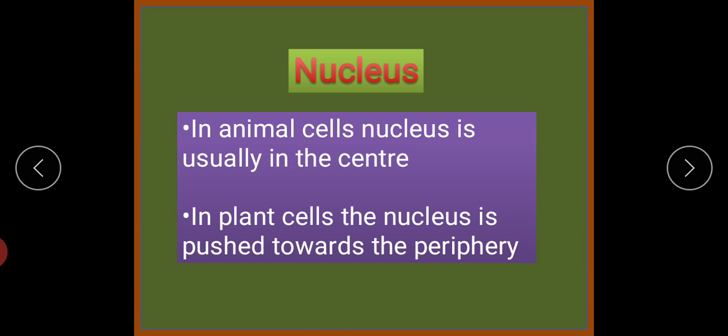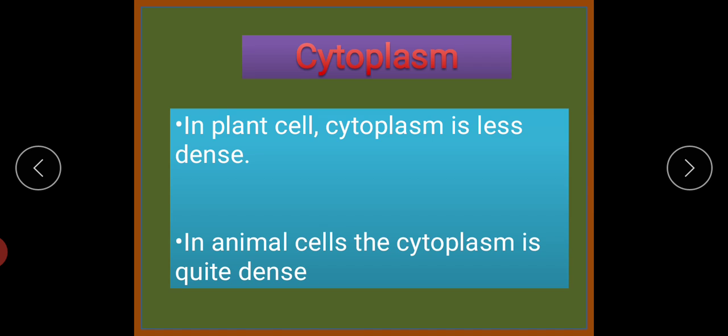Nucleus is present in both plant and animal cells, but in animal cells the nucleus is usually in the center, whereas in plant cells the nucleus is pushed towards the periphery, meaning towards the side. Because of the centrally located vacuole, the nucleus is pushed to the side.